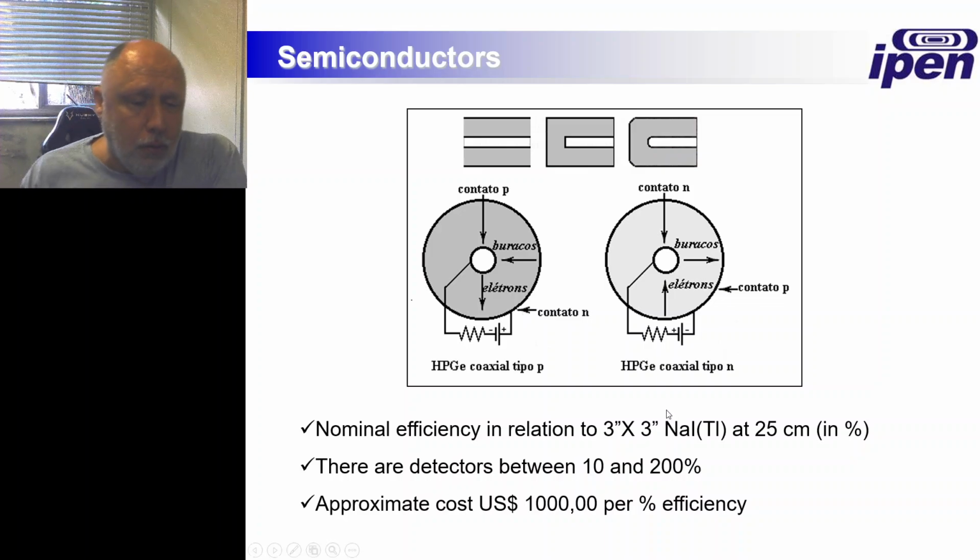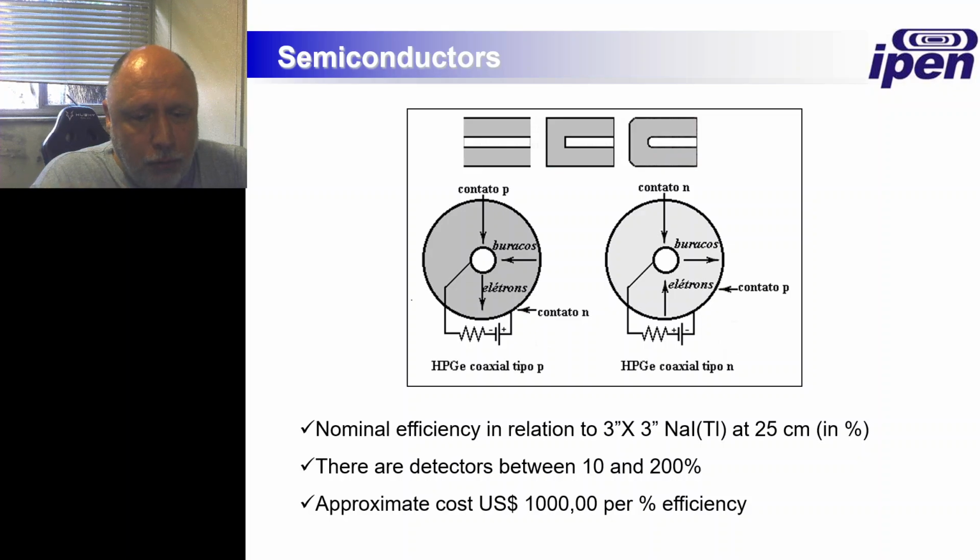Well, when we talk about germanium detectors, when you purchase one, there are some numbers they give you, and they say, okay, this detector is 25% efficiency. Efficiency of 25% does not mean what you would infer immediately.